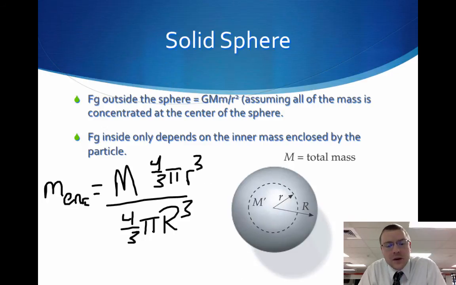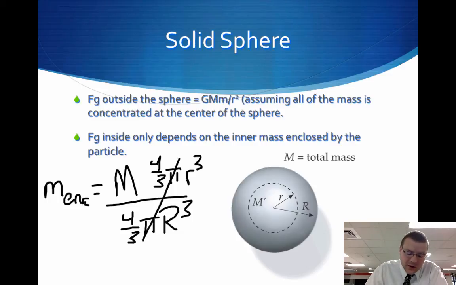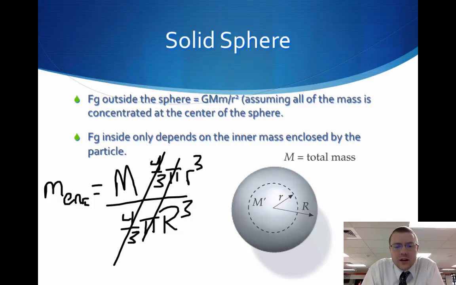So solving for the mass enclosed here, I have the total mass of the planet, then I have 4/3 pi big R cubed for the entire volume of the planet, and on the top I have 4/3 pi little r cubed. Well, the things that can cancel for us are the pi's and the 4/3, so you're left with this ratio now of little r cubed to big R cubed.